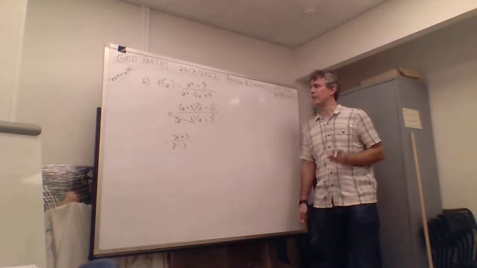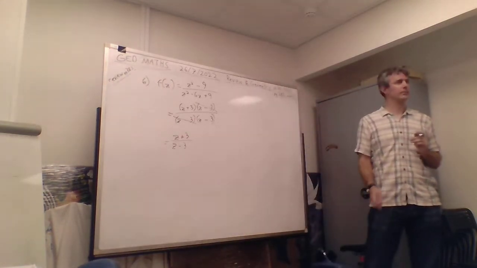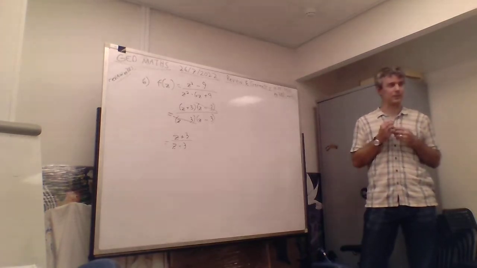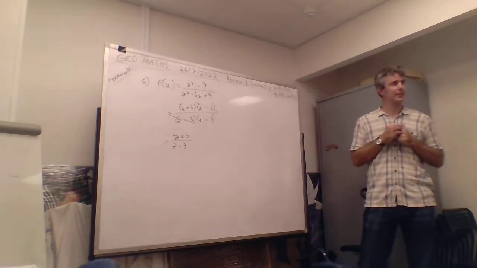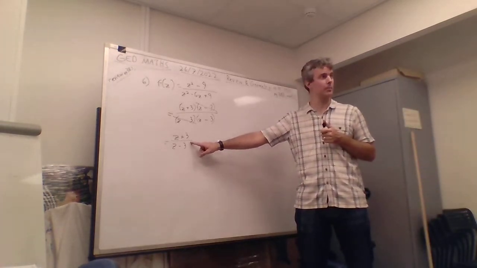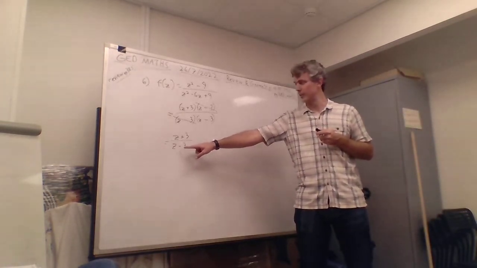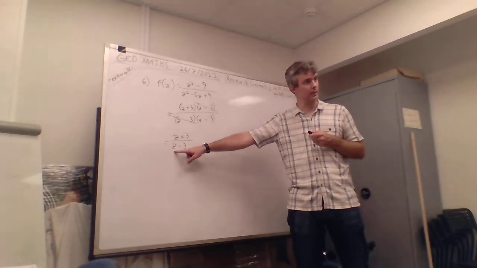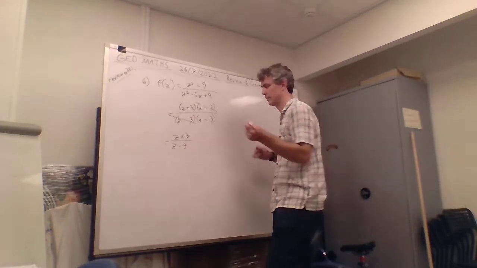Is there any value that z cannot be? Or z, as the Americans would say. 3. Yes, because we have a variable in the denominator, right? So if it equals 3, we'll have a 0 here.